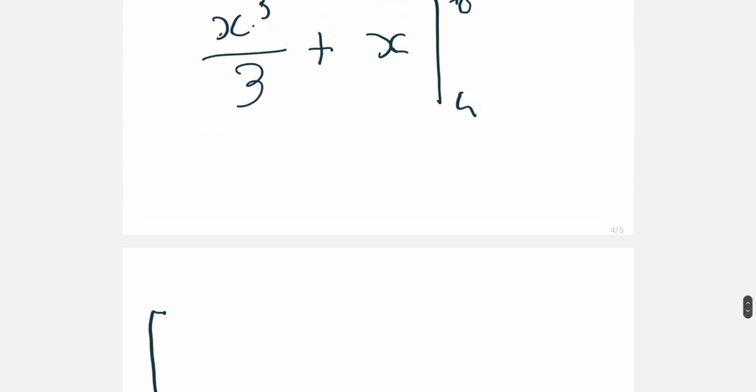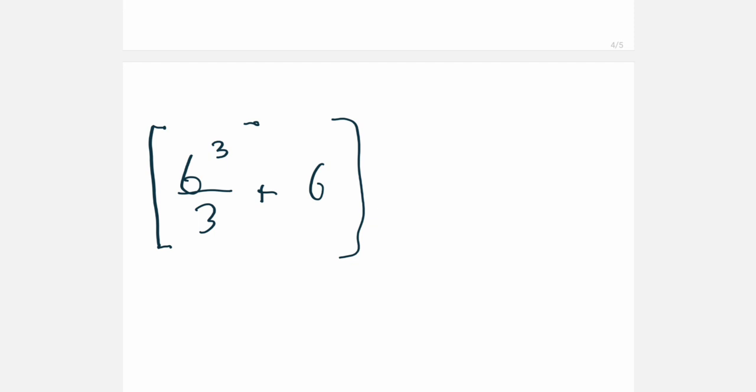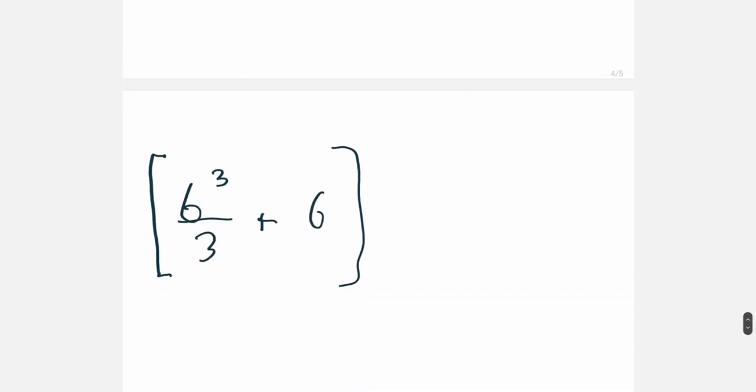Okay, now x cubed over 3 will become 6 cubed over 3 plus 6, as 6 is our x value in this.